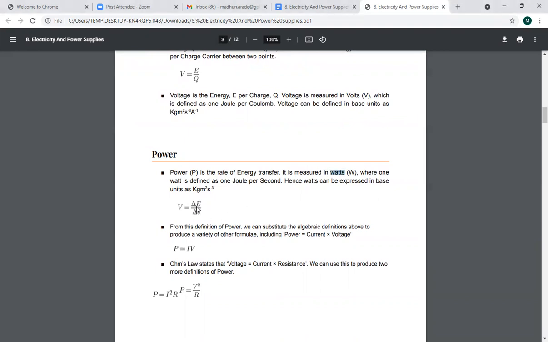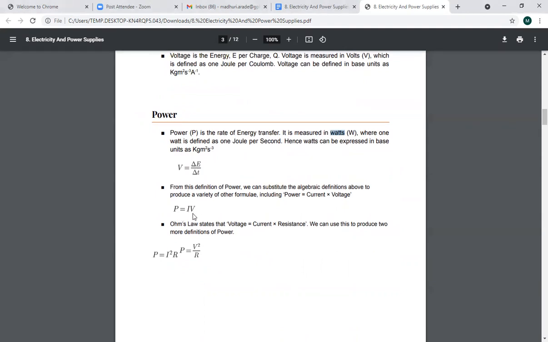Its formula is power is equal to I into V, and by substituting, with the resistance, you can see P is equal to V square divided by R, and P is equal to I square into R. So if the resistance, which we are going to see as the next point, is minimum, then you get high power. And if resistance is large, then the power component will be small.